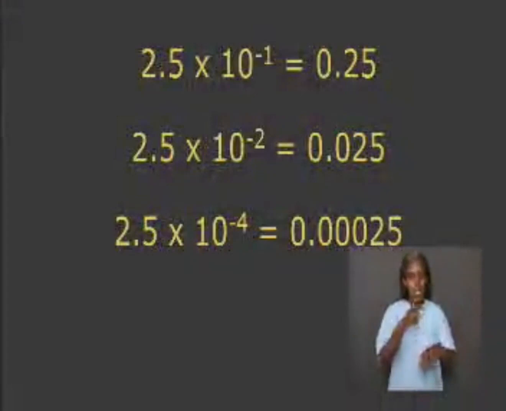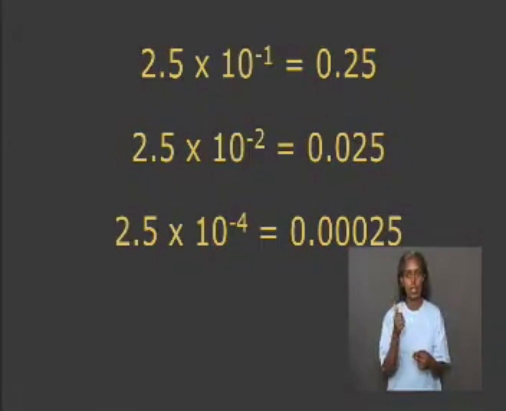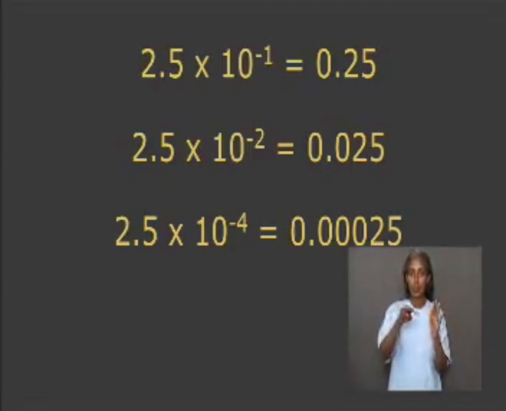Therefore, 2.5 times 10 to the power of negative 1 is equal to 0.25. 2.5 times 10 to the power of negative 2 is 0.025.